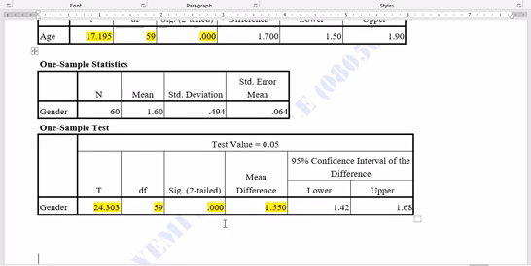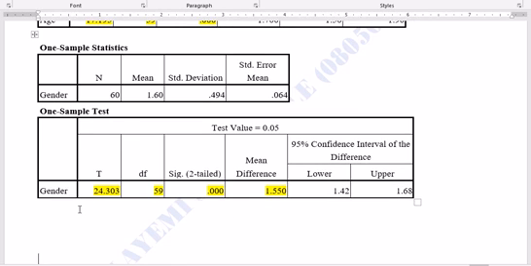That is how you write it in the t-test. You can write: from the table above, gender is statistically significant with t calculated equal to 24.303 and significance level p less than 0.05.